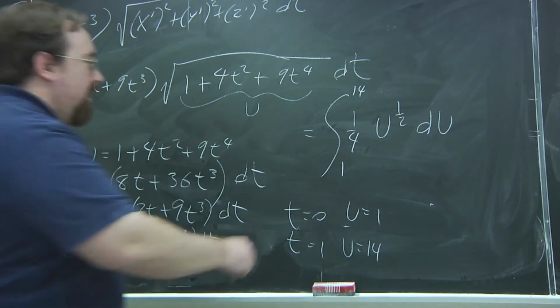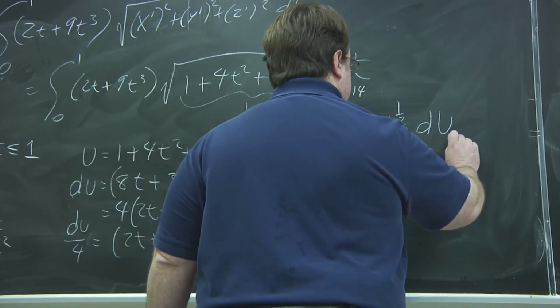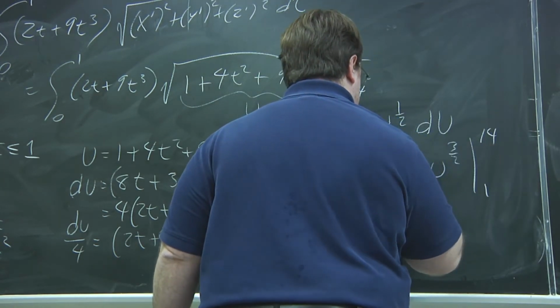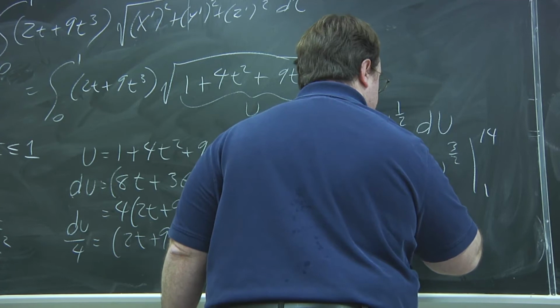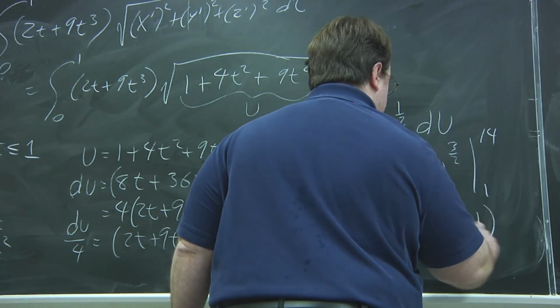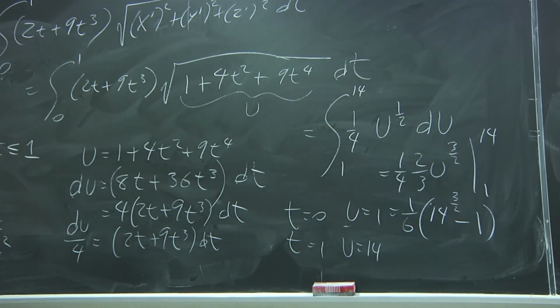So now you can polish this off. So we have 1/4, 2/3, u to the 3/2, evaluated at 1 and 14. So we get 14 to the 3/2 minus 1. All that times 1/6, and that's your line integral.